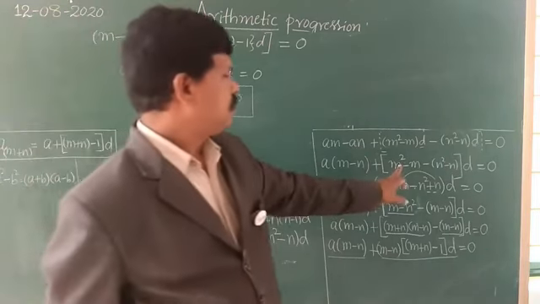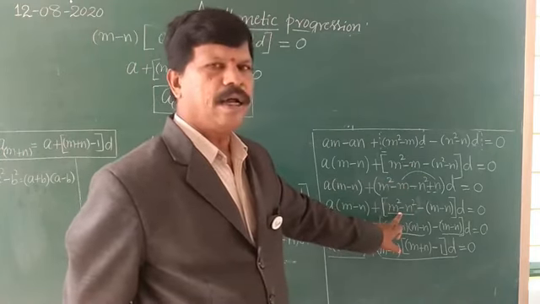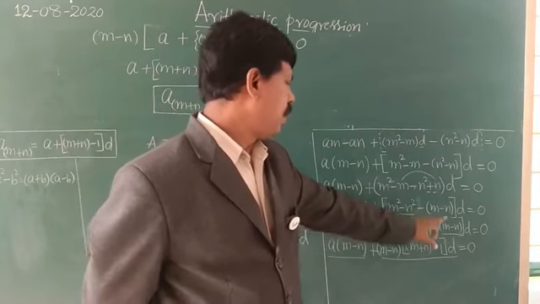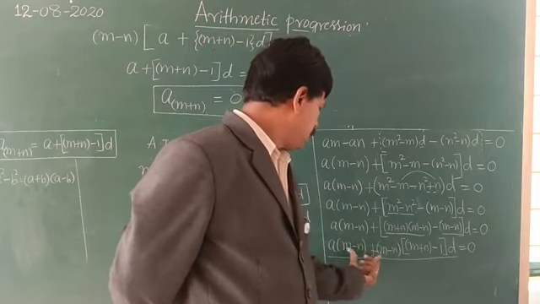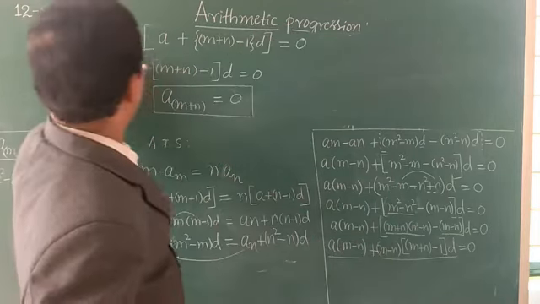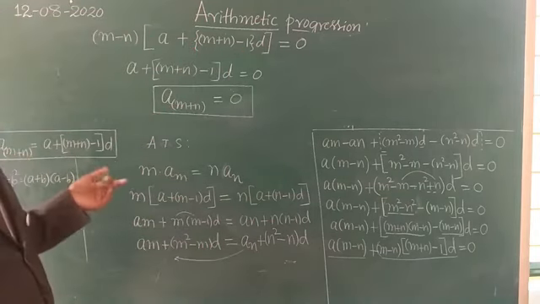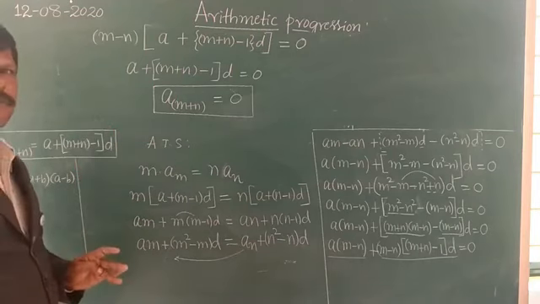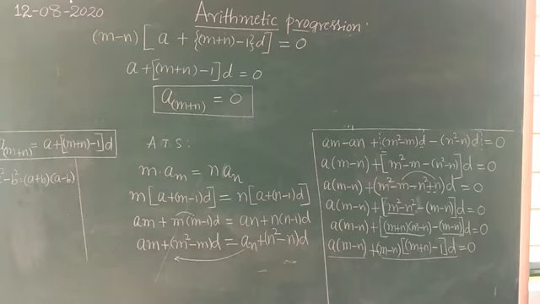Here we take m square minus n square as a plus b into a minus b, the a square minus b square formula, and then take the common from this. Then again m minus n is common, we take it common. Then inside you will get the m plus nth term like this. Understood? So this is one more different problem to solve in arithmetic progression. You may expect this for 4 marks or 3 marks.